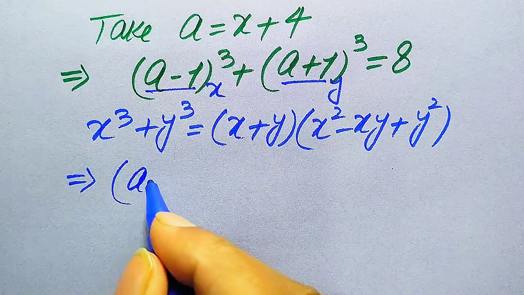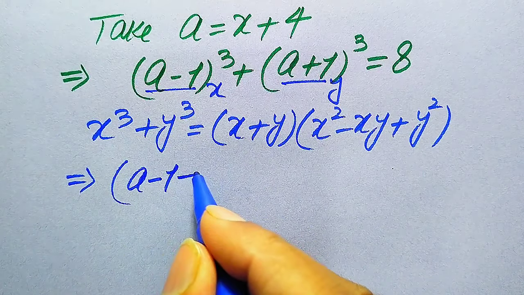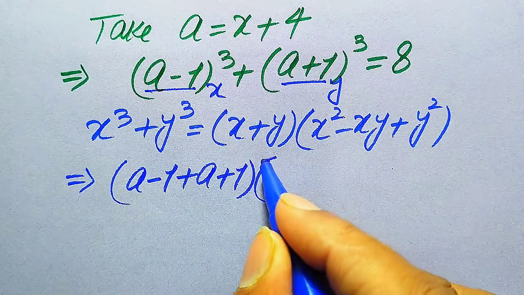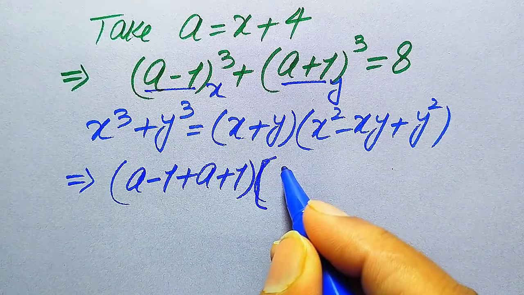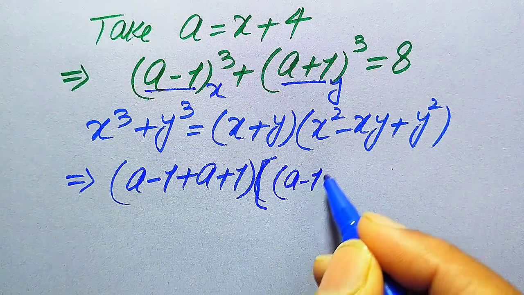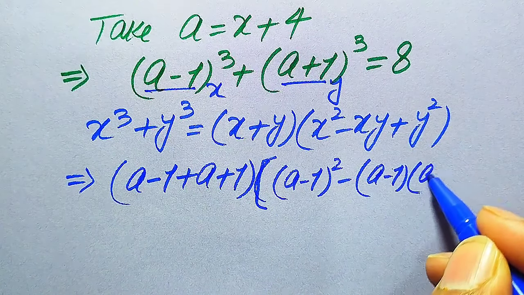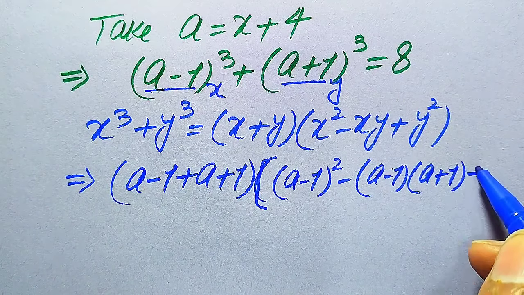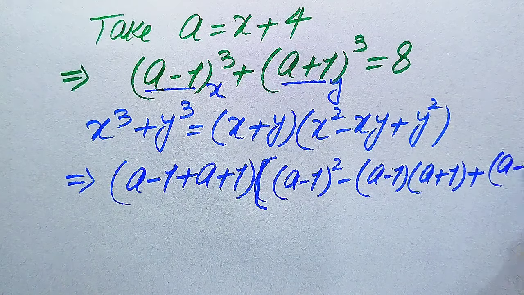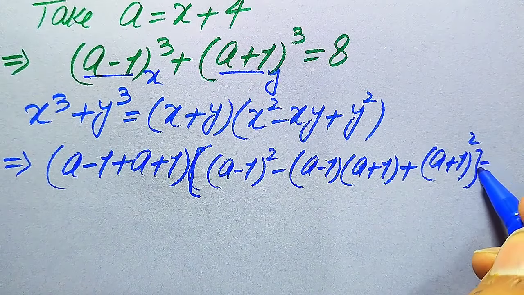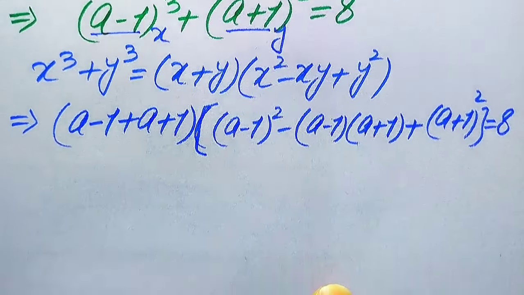Here our x is a − 1 and y is a + 1, into x², where the value of x is (a − 1) whole squared, minus (a − 1) times y, and y is (a + 1), plus y², so the value of y² is (a + 1) whole squared, and this whole equation is equal to 8.